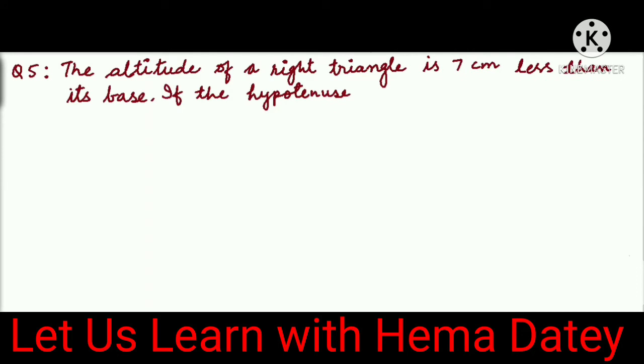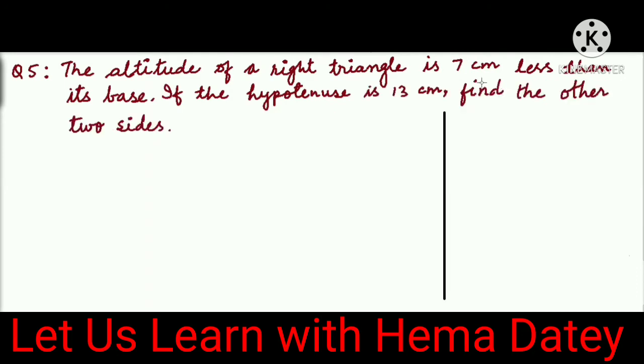Question 5. To understand the first condition, read the first line carefully. The altitude of a right triangle is 7 cm less than its base. So I have drawn a right triangle. Now the condition is altitude is 7 cm less than its base.